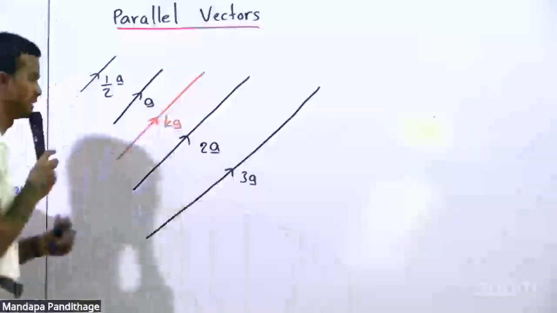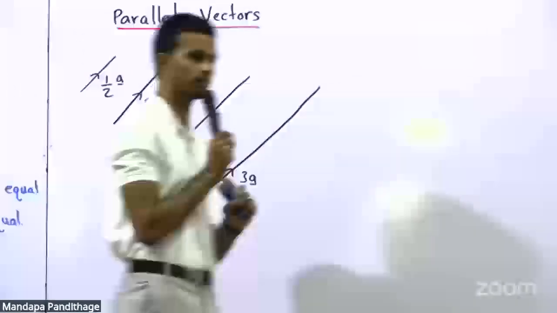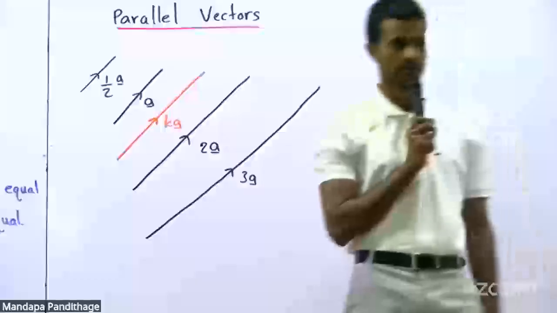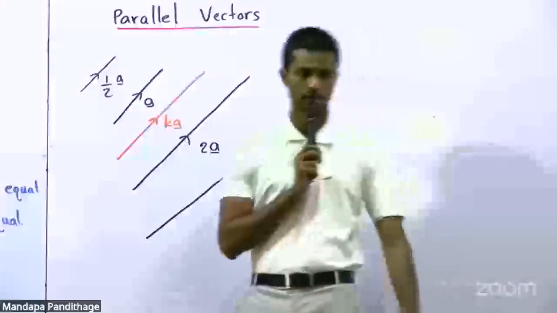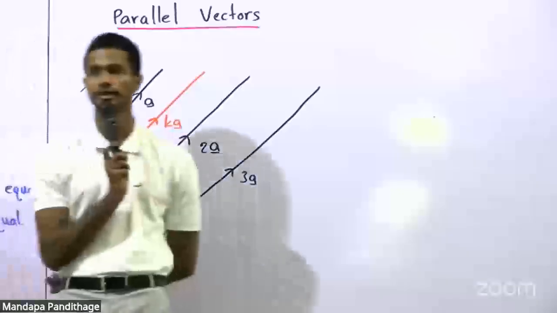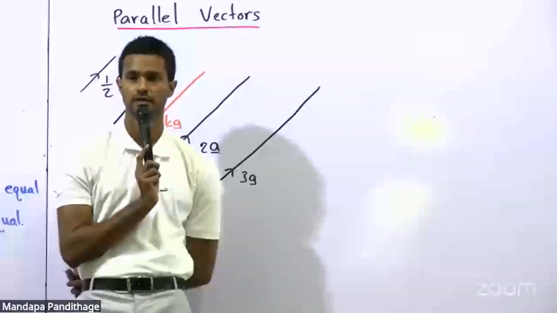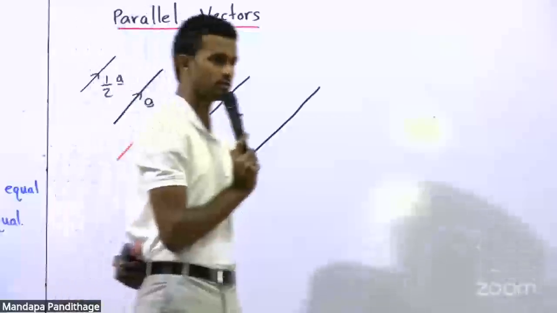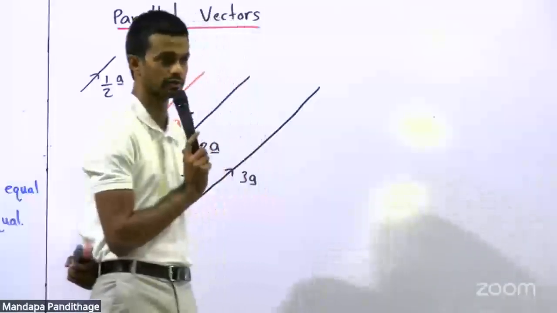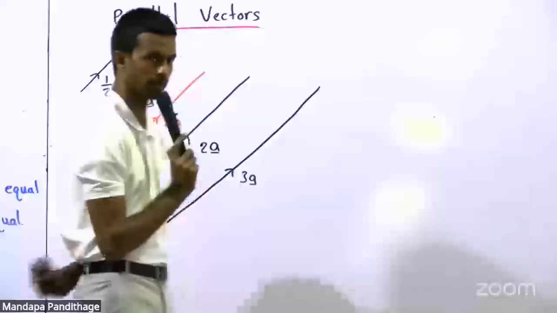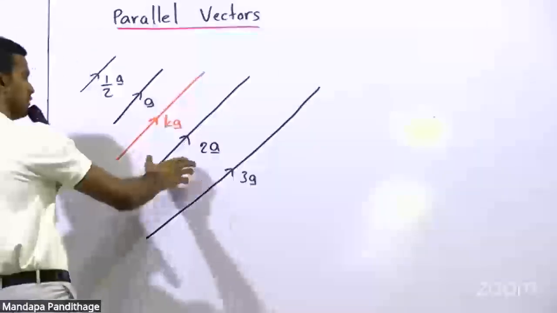So here K is a constant. You can write within brackets, scalar, that depends on the magnitude of the vector. Here K is a constant that depends on the magnitude of the vector.